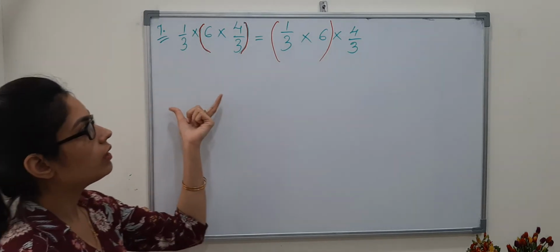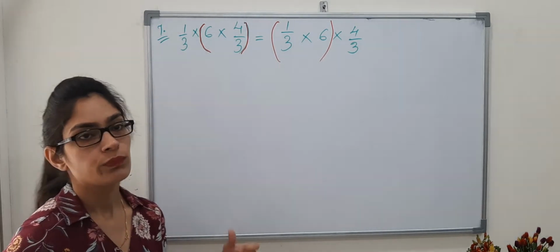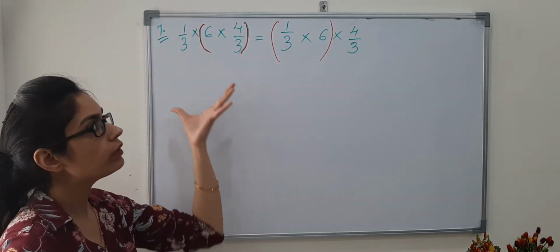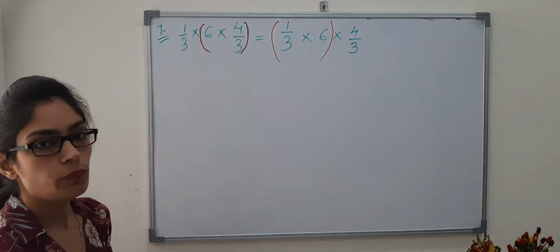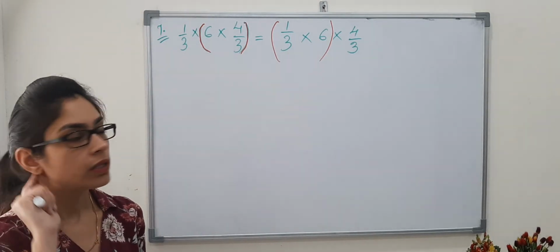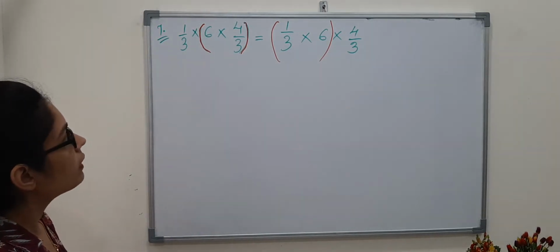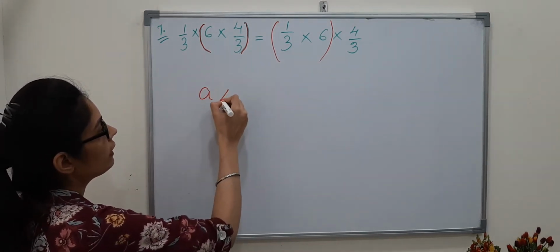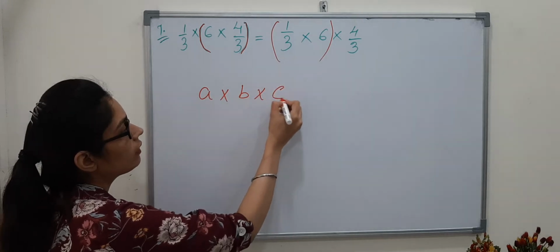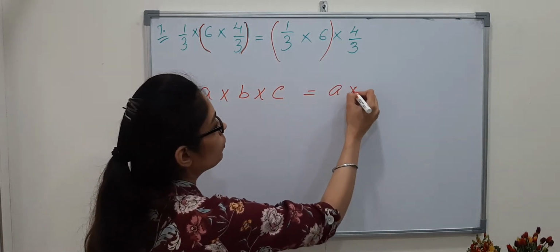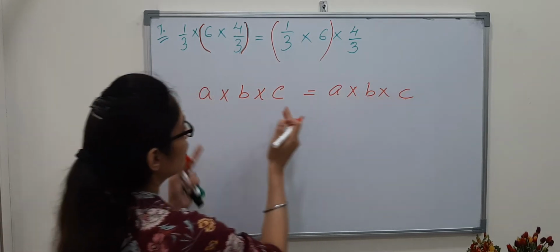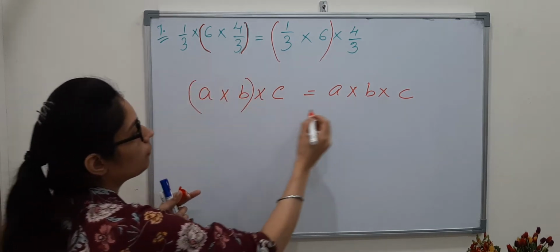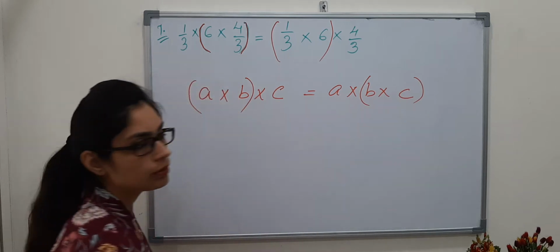In the seventh question again they are asking you in which property I can write this term as this, or I can compute this term as this term. So while discussing properties, I have already mentioned one property in which three terms were there. A into B into C equals A into B into C. See, terms were same, but only the place of my bracket was changed.